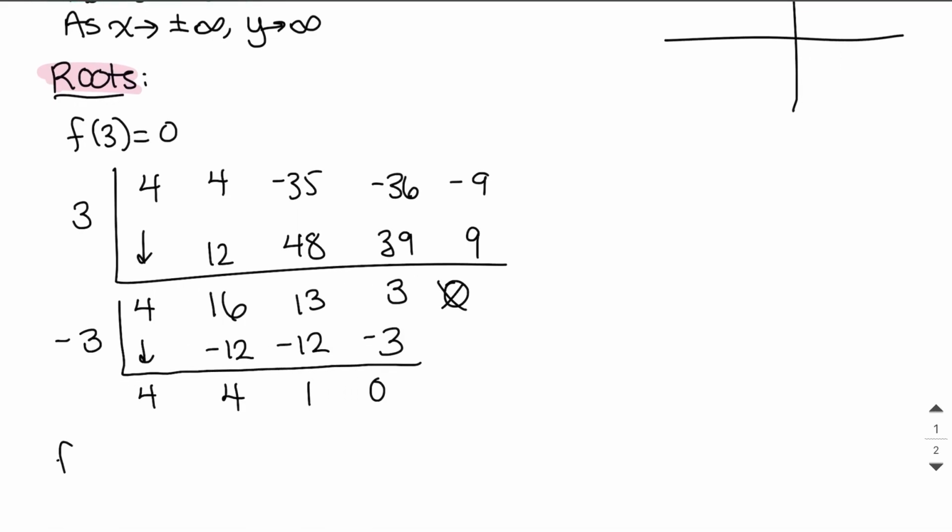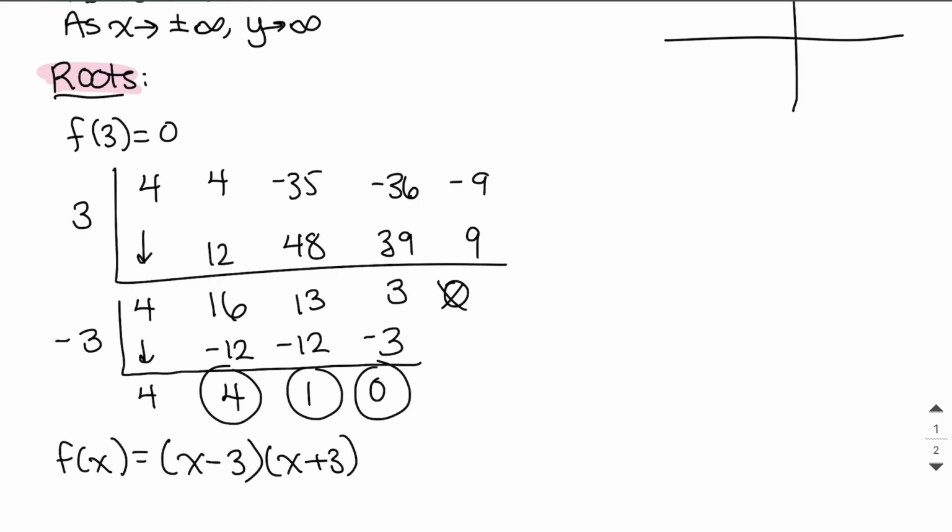So that tells me right here that f of x is going to equal, this would give me a factor of x minus 3, this would give me a factor of x plus 3, and then I have a remainder of 0 for the 0 degree term, first degree term, second degree term. So this right here would turn into 4x squared plus 4x plus 1.